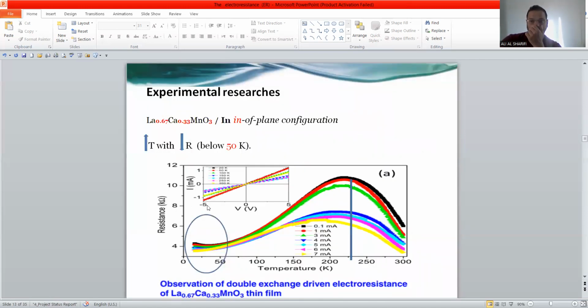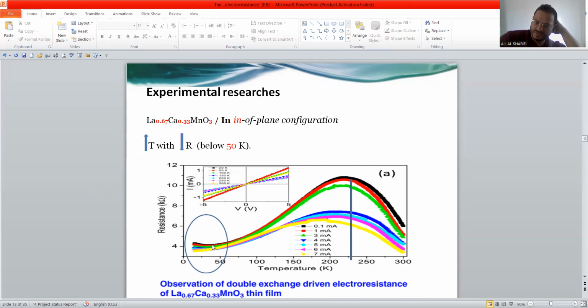Here is another sample from another article. Here, from room temperature until approximately 0 Kelvin, we apply different amounts of current from 0.1 milliampere until 7 milliampere.